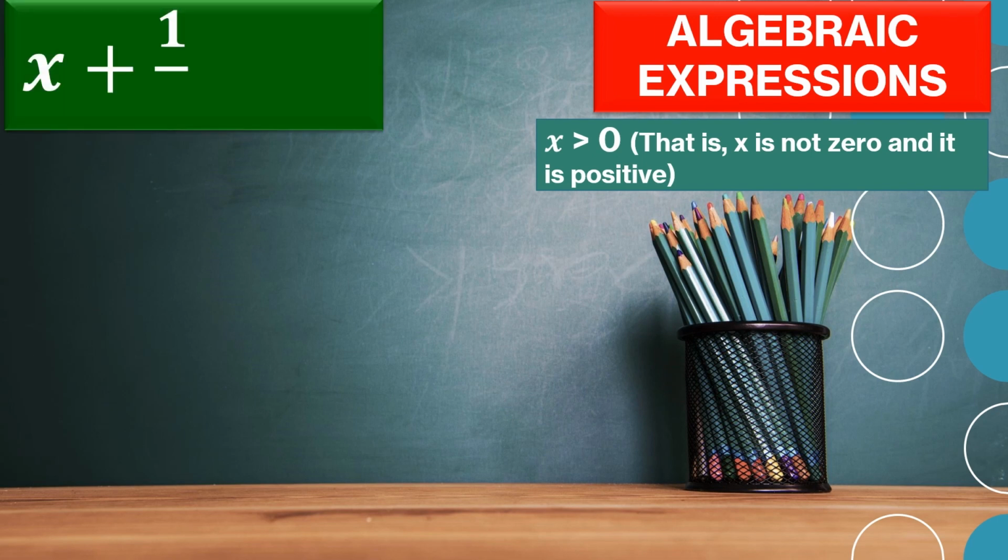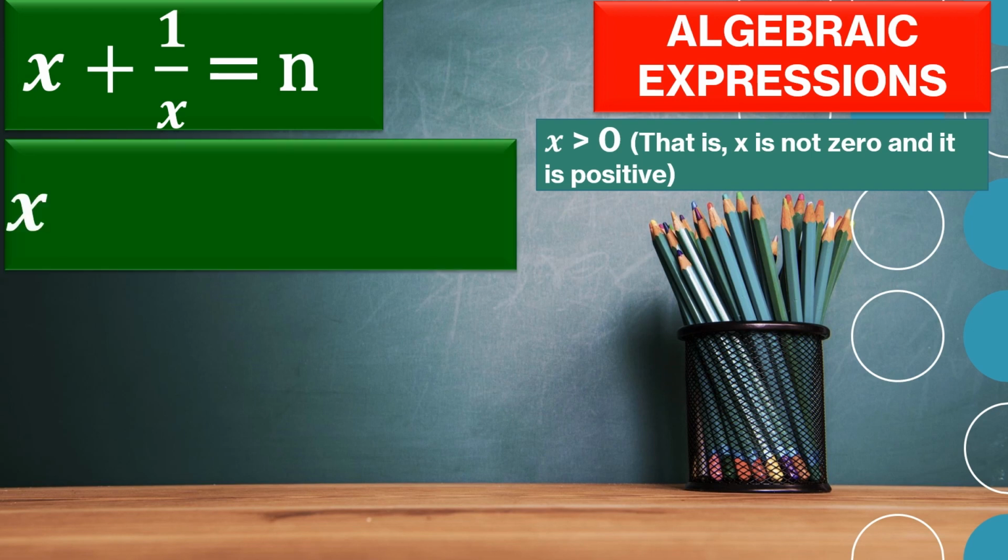So we will be looking at the following expressions: x plus 1 over x is equal to n, and then other algebraic expressions will be derived from this particular expression. This expression here will be like the foundational expression through which other expressions will be derived.